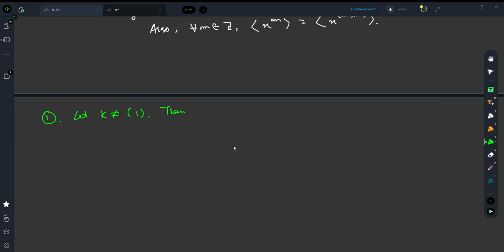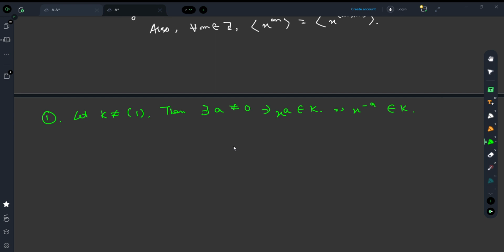Then obviously if K is not 1, then there exists some a such that x to the power a is in K. Now if x to the power a is in K, then that immediately means x to the power minus a is also in K, because K is a subgroup.